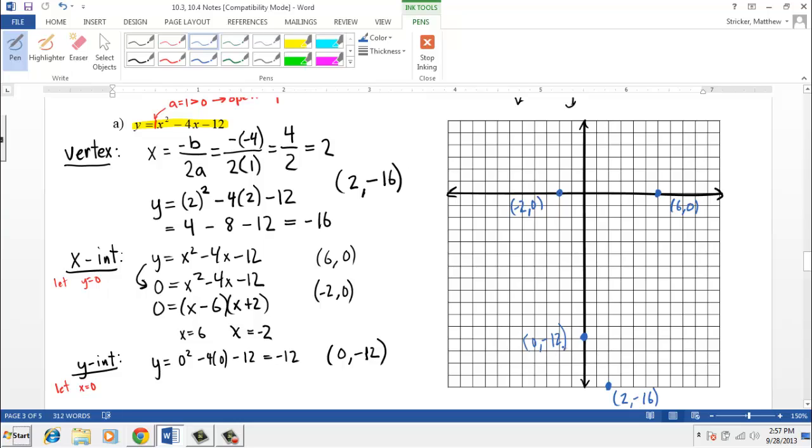And here's where we can use a little bit of our symmetry. Remember, this is our axis of symmetry. If I put a little red dashed line in here, which means we should have a mirror image on the left side and the right side of this line.